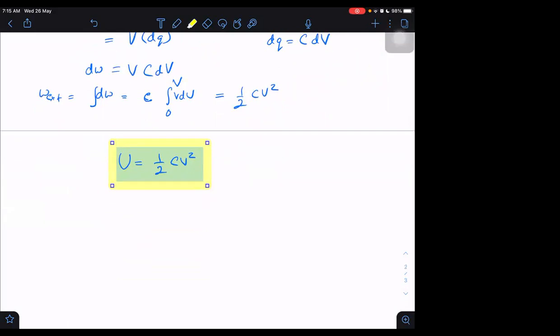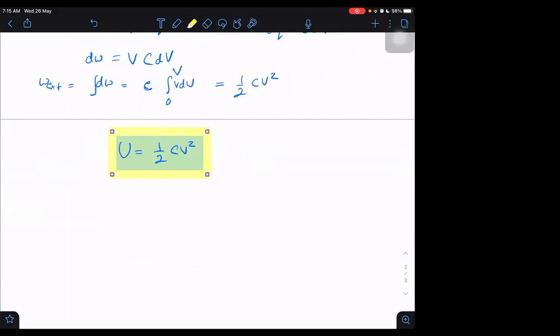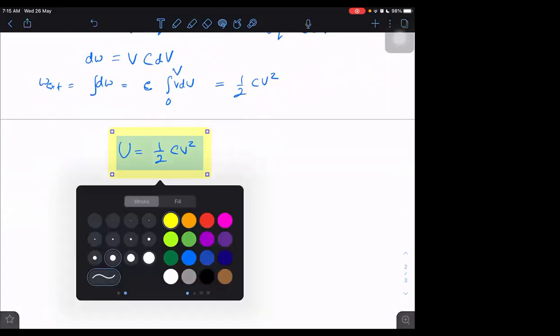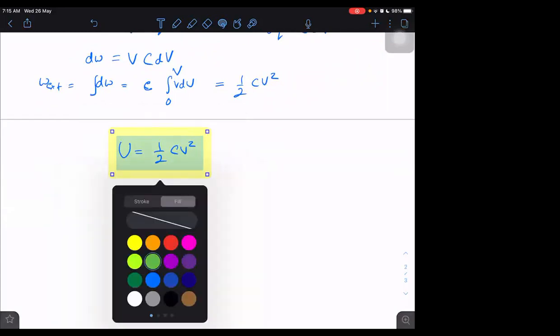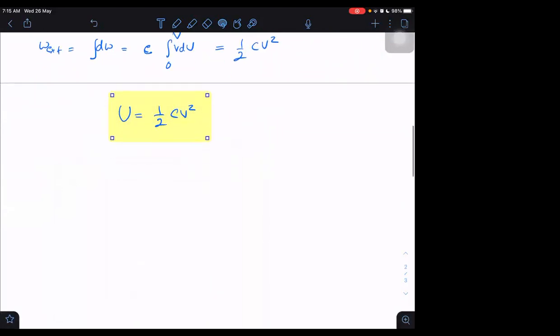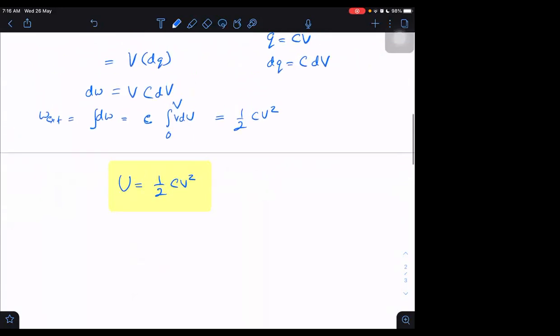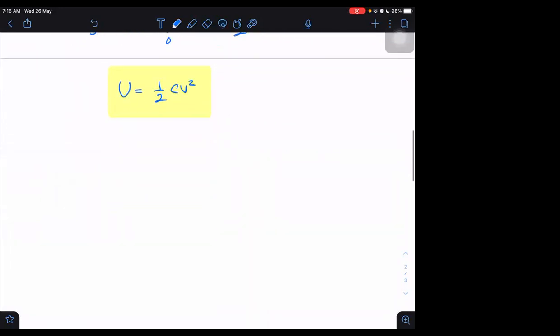In this half CV square, we can write it in three ways. One way is half CV square.